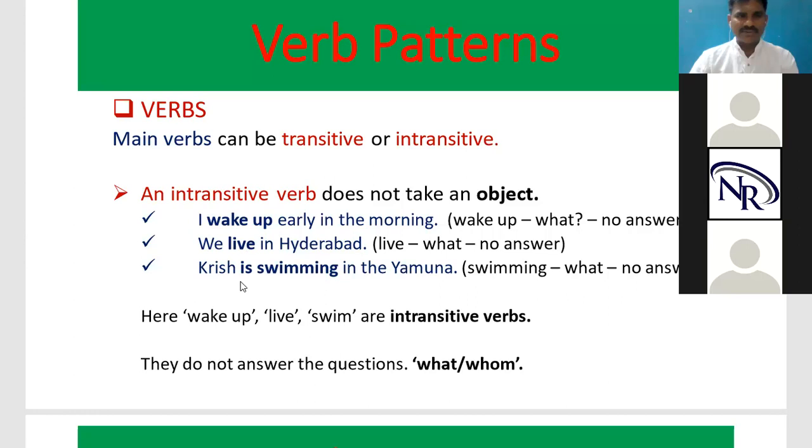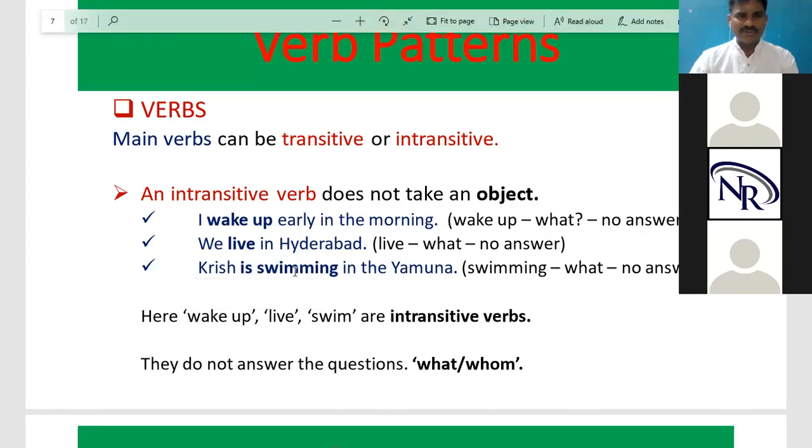Is swimming. Is is a helping verb. Swim is a main verb, an action verb. Swim what? Swim whom? No answer. So swim, wake up, live are all intransitive verbs.